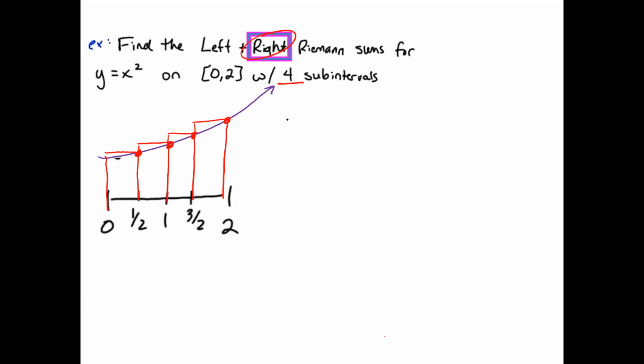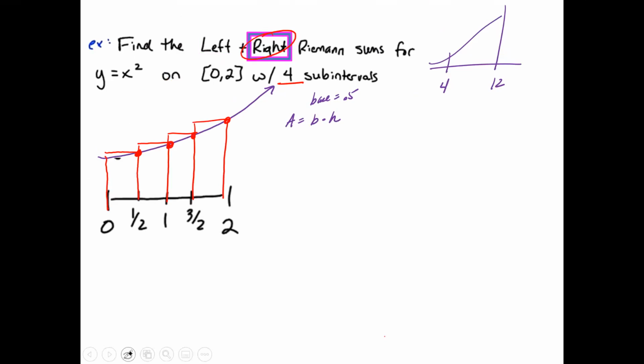And so then my area, remember, for your rectangle is base times height. And so your base is always just going to be 0.5 because that's the interval. In case in the future the interval is between, let's say, 4 and 12, and you're doing 4 subintervals, and you're wondering how to find the base, you can take 12 minus 4, which gives you 8, divided by the 4 rectangles, which gives you 2.